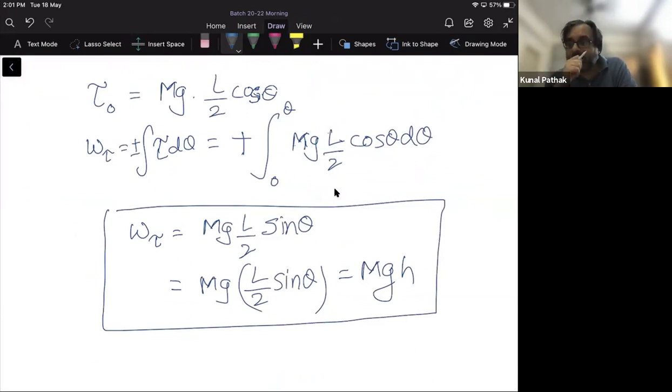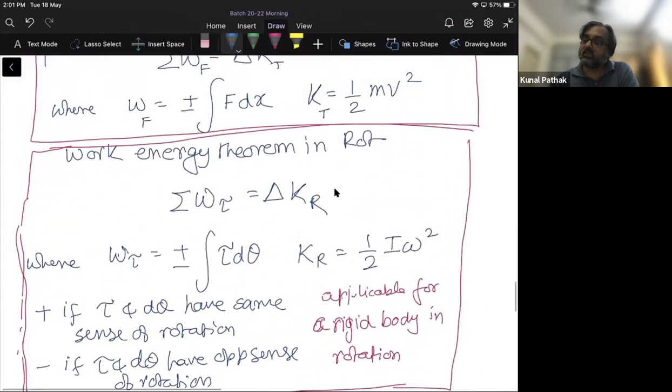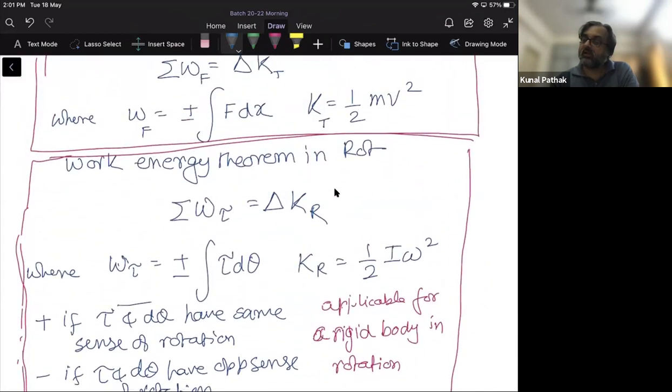In fact, I can give you a guarantee that you will never, maybe once or twice, definitely not in the IIT paper, definitely not in the mains paper, you will never ever have to carry out this integration again.